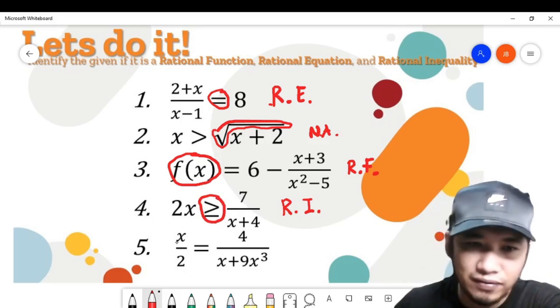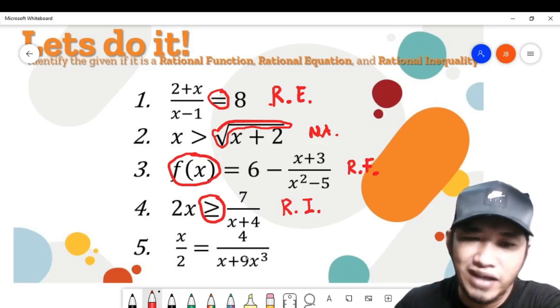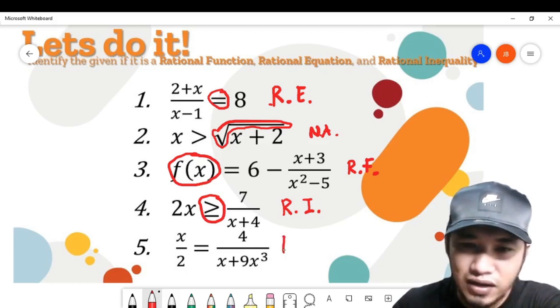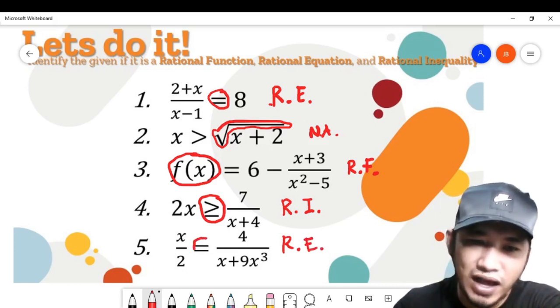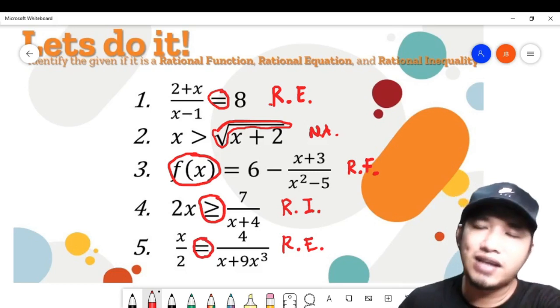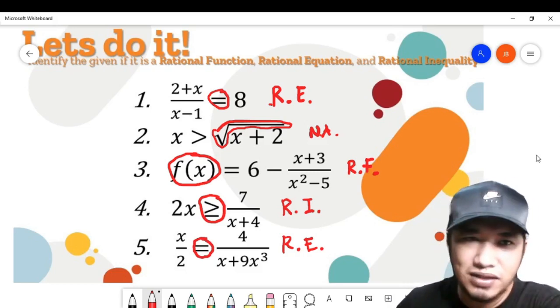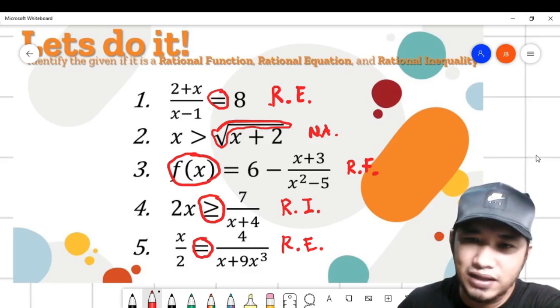Number 5: x all over 2 is equal to 4 all over x plus 9 x cubed. Okay, that is a rational equation because of the equal sign. So madali lang, di ba? So that's it. That is how to identify a rational function, rational equation, and rational inequality. Okay?